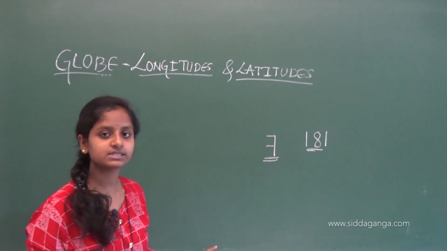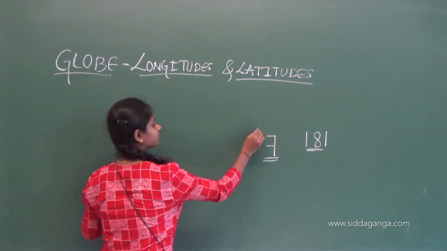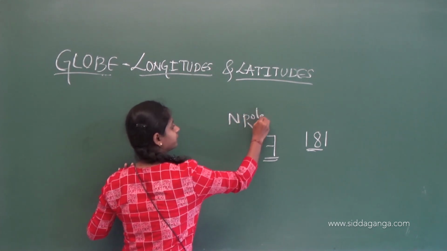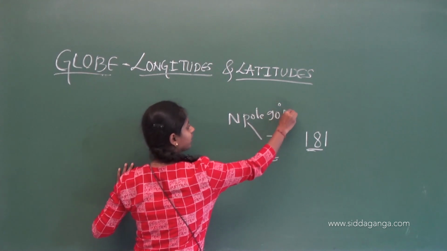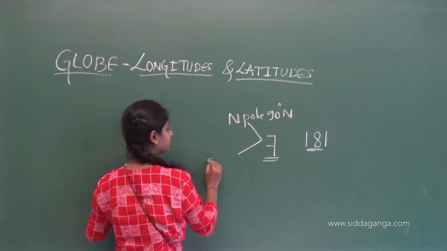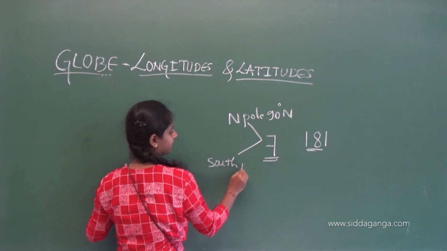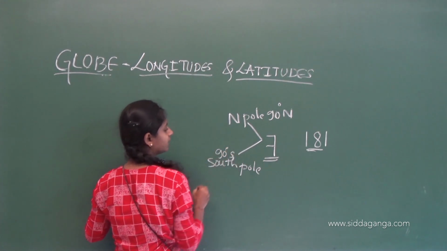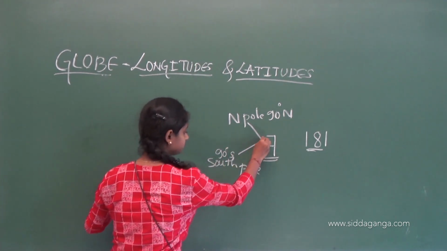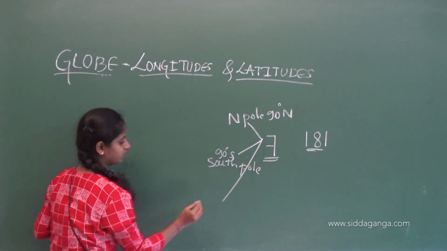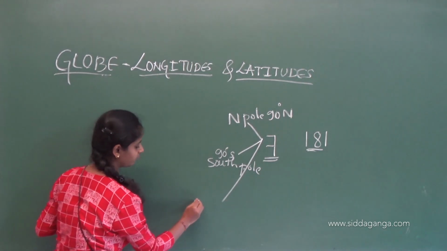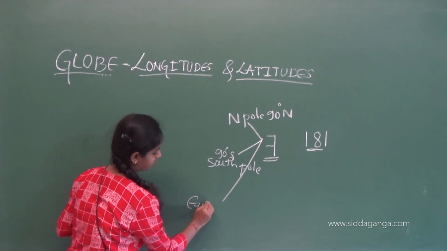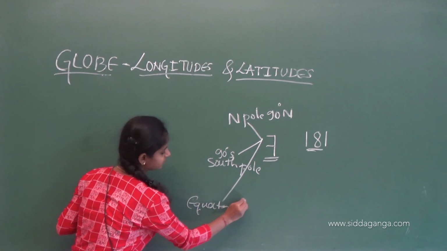In the 7, that is the North Pole, which is 90° north, and the South Pole, which is 90° south, and also the equator, which is 0 degrees.